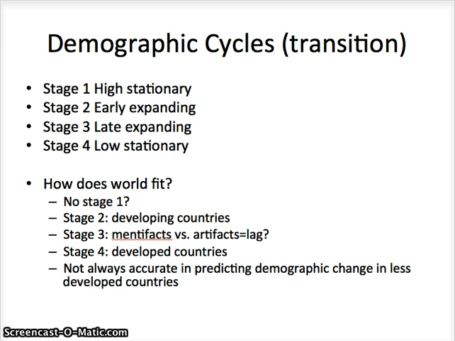Those countries that are considered developing countries, less developed countries, underdeveloped countries, would be in stage two. So stage two is where you will find those countries that are considered less developed or developing. Those are also the countries that would have a pyramid-shaped population pyramid, where you have a wide bottom and a narrow top.